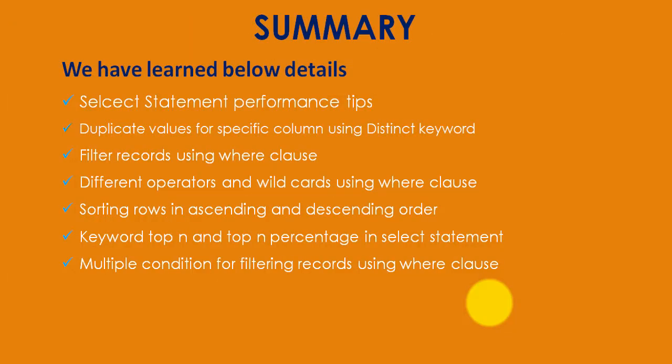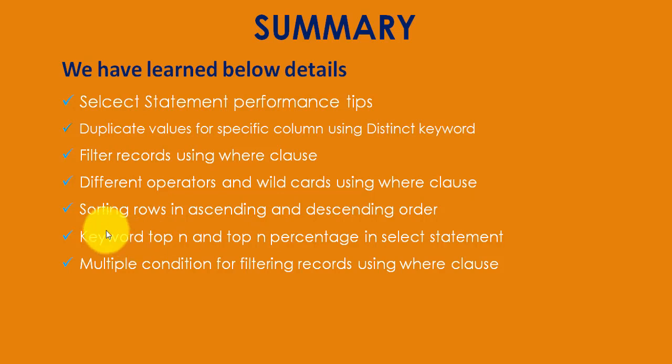In the last and final part, the summary. We have learned how to use the select statement and how to increase its performance, how to remove duplicate values for specific columns using the DISTINCT keyword, and how to filter source records using the WHERE clause with different operators and wildcards.